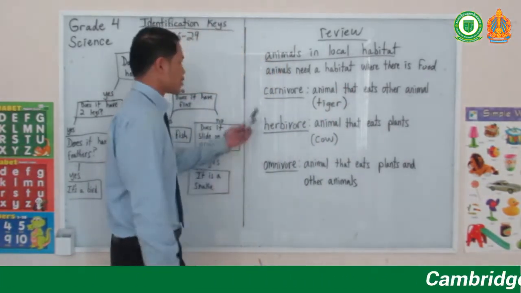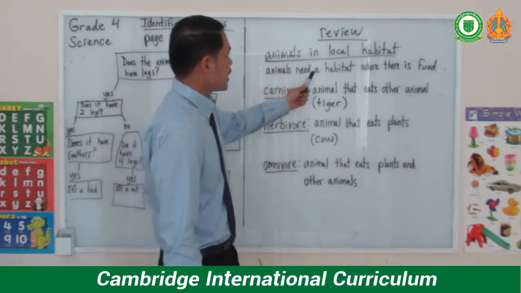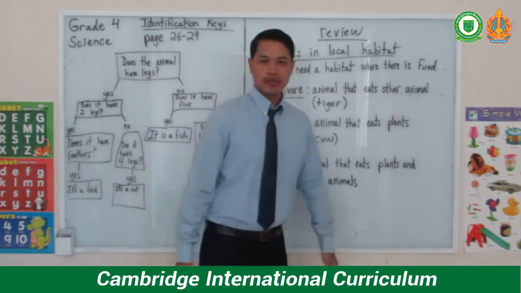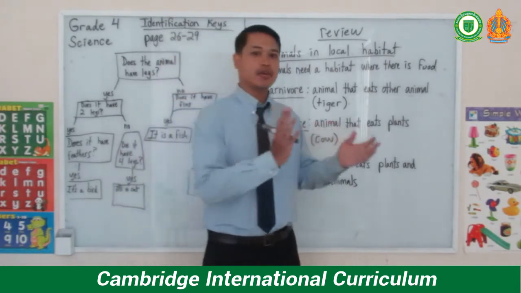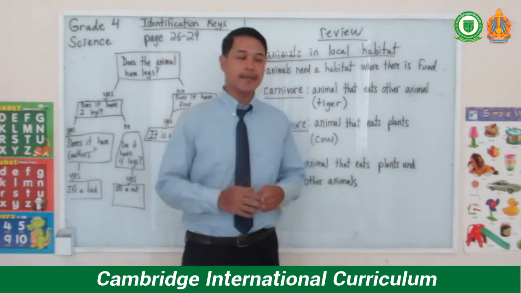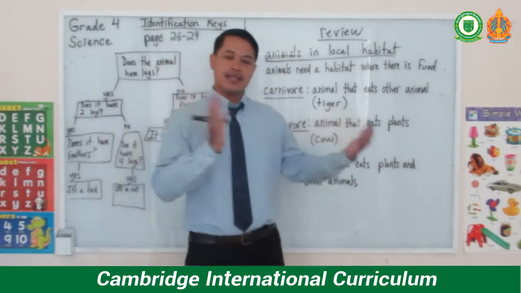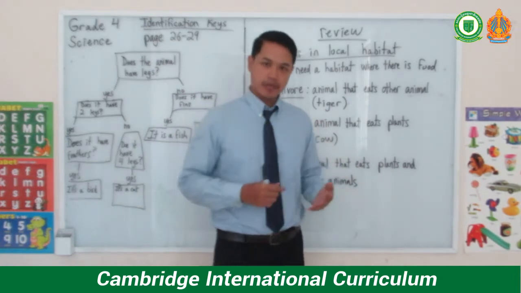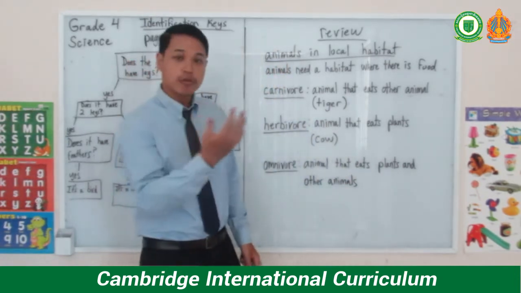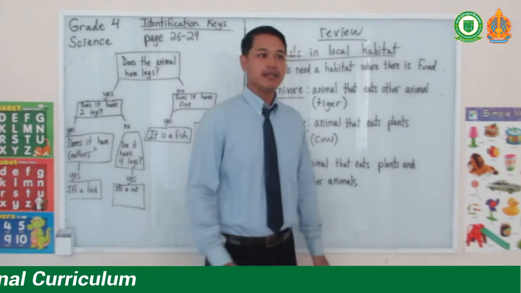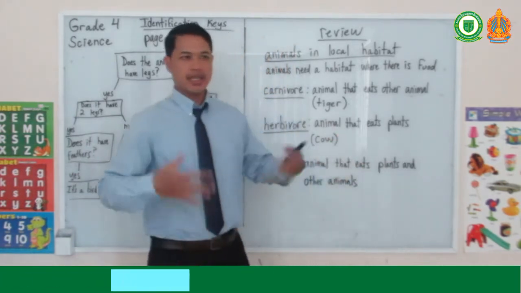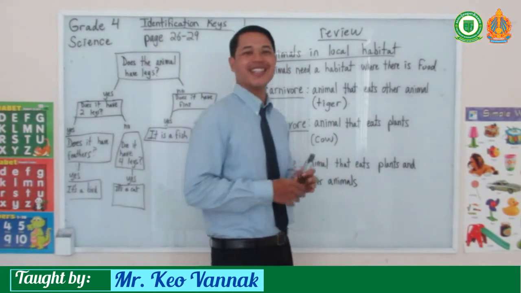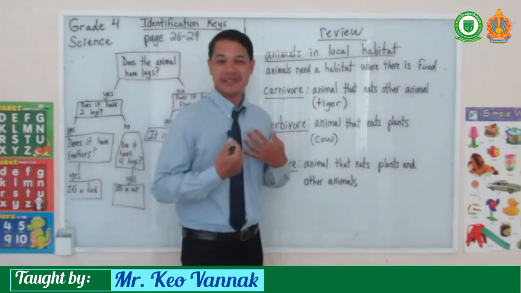Animals need a habitat where there is food. Wherever the animal lives, food needs to be there. Without food, the animal cannot live. Same thing with us, we need food.